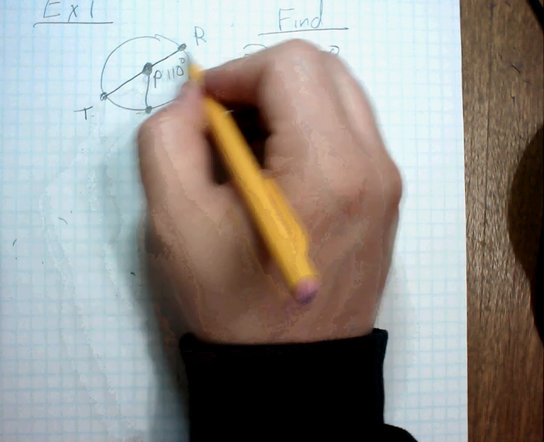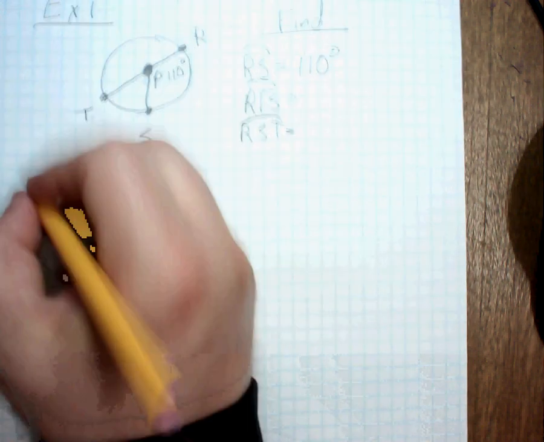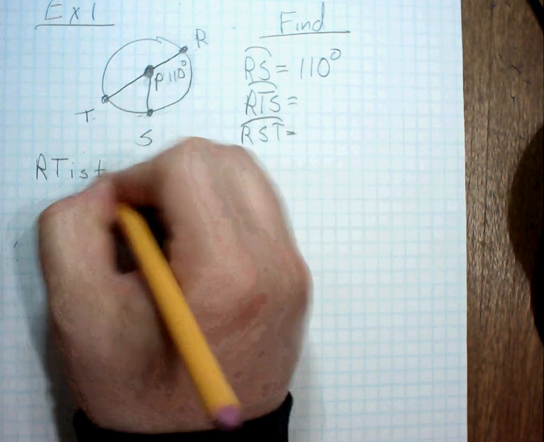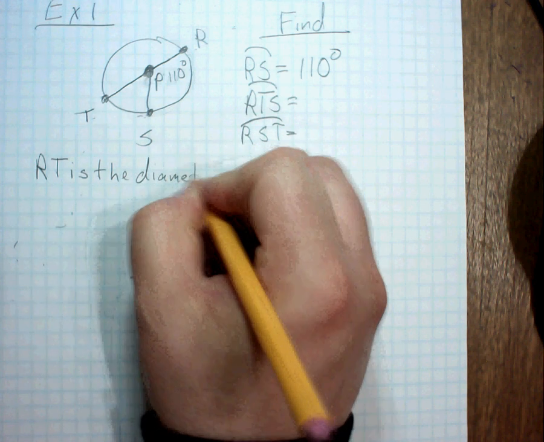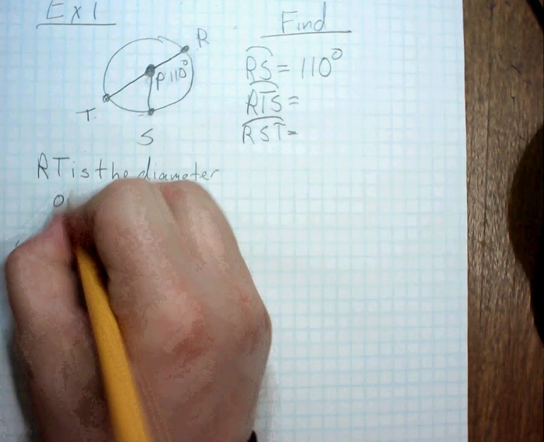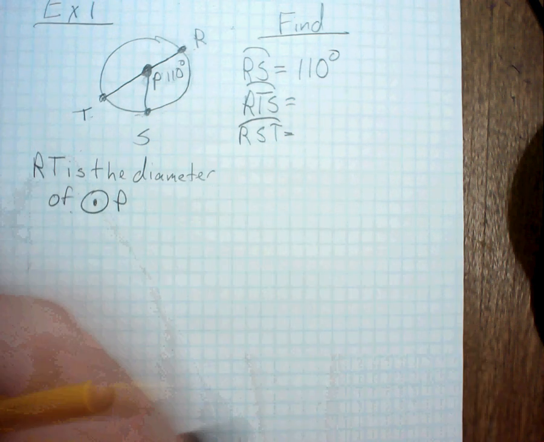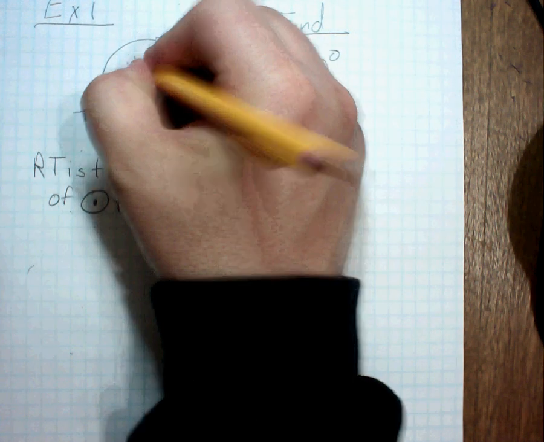Now this is a diameter, all right? I forgot to write that down, but in the textbook it says RT is the diameter of circle P. So that means from here to here is 180 degrees.